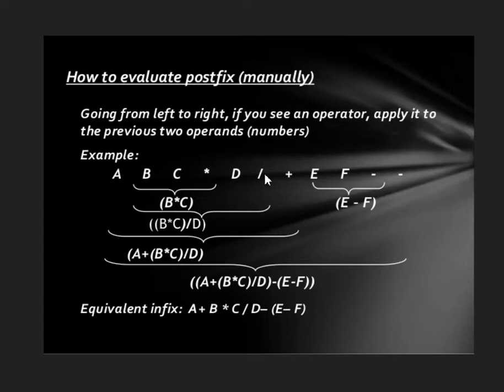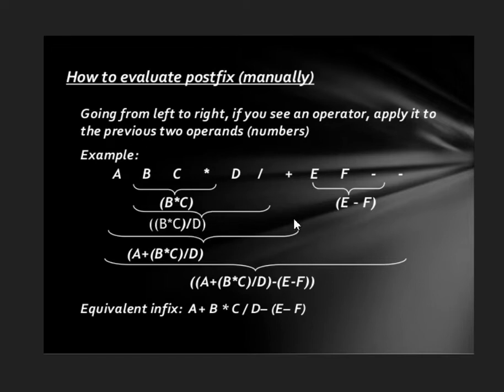Apply the division operation on this expression and D. This is the final result after applying the division operation. When we move ahead, we have another operator, plus. We need to apply this operator between A and the expression obtained in the previous iteration.